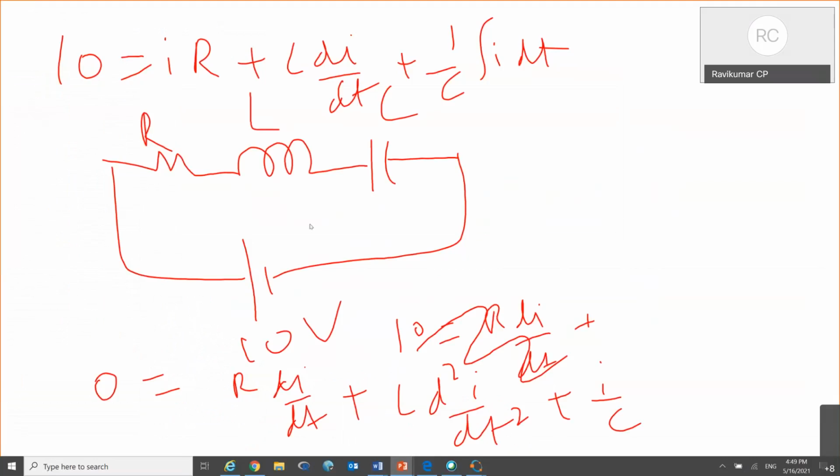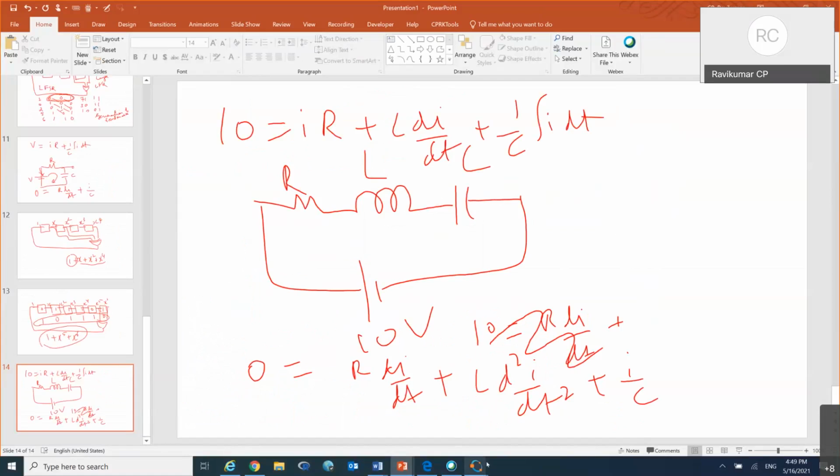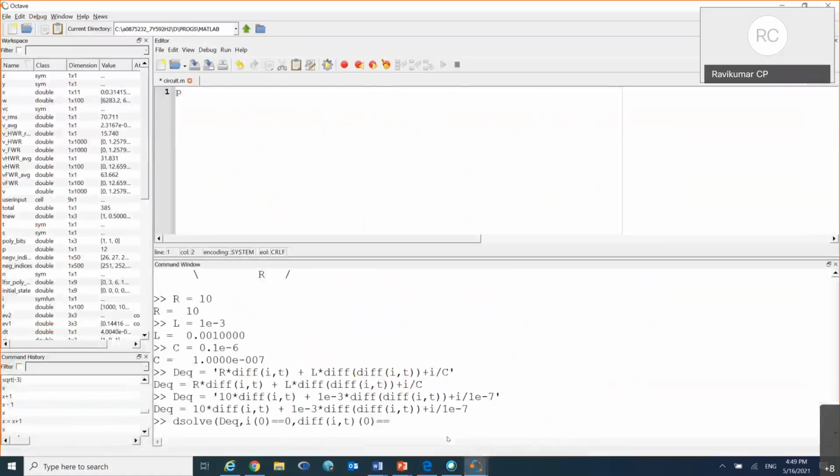So V by L will be the initial value, so 10 by L. L is 1 millihenry. So this is the value.